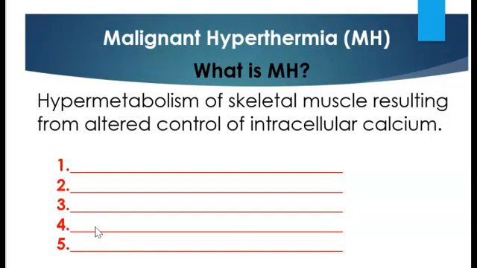So you have a patient that has received some sort of general anesthesia. It could be halothane, sevoflurane, desflurane, succinylcholine. You don't need to know those, but succinylcholine is the one that typically will cause MH. Really, what is happening is the muscles are having this severe muscle contracture, causing immense altered intracellular calcium exchange.